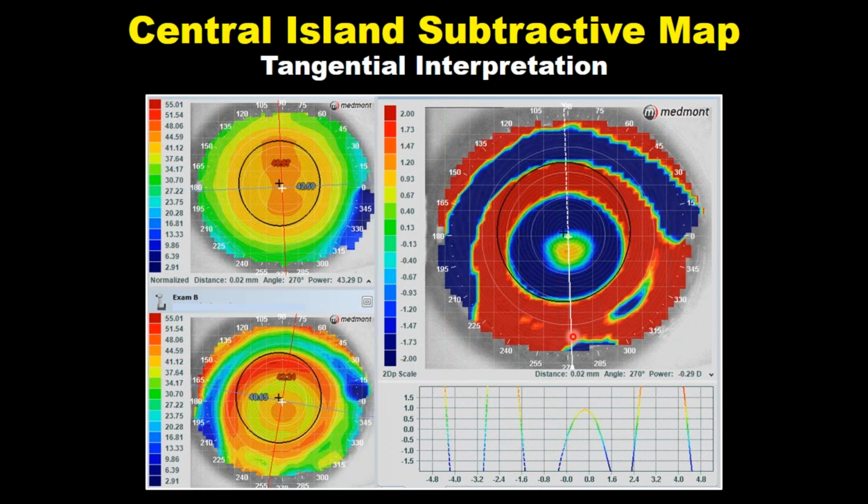So this lens is riding low. This is your classic central island outcome, a lens too tight. So in this case, we would reduce the return zone depth, we would reduce the apical clearance, and or Graham may recommend loosening up the alignment zone, the landing zone of the lens to bring it up slightly.